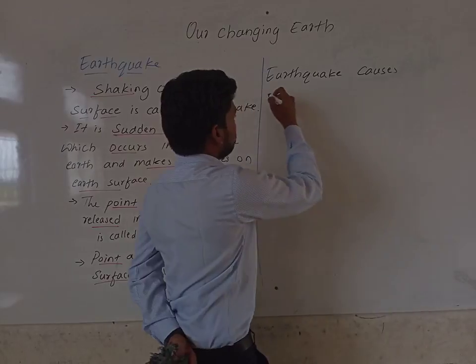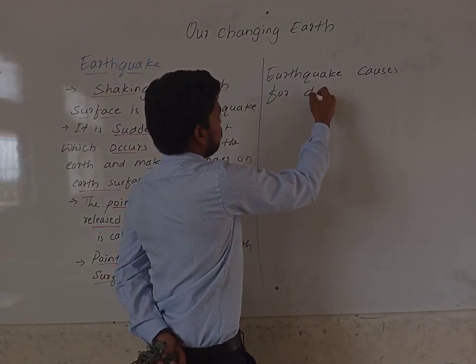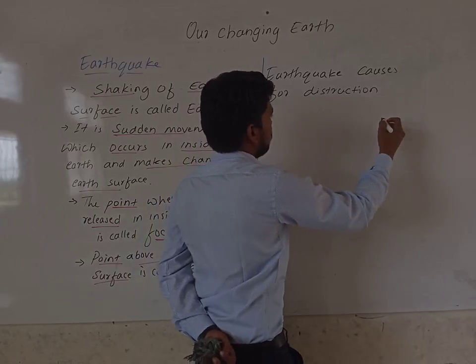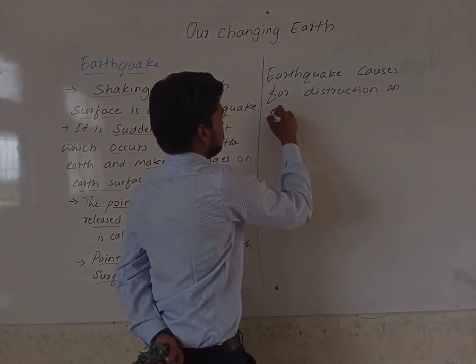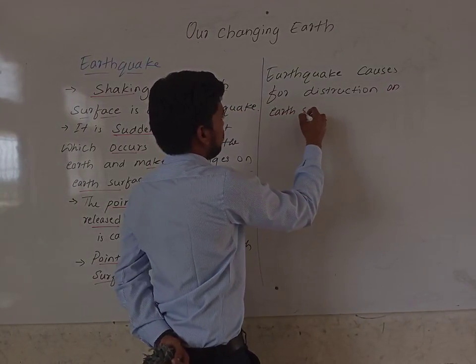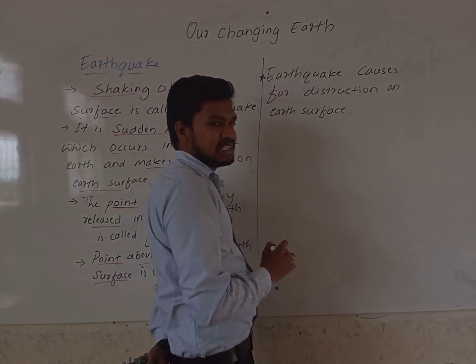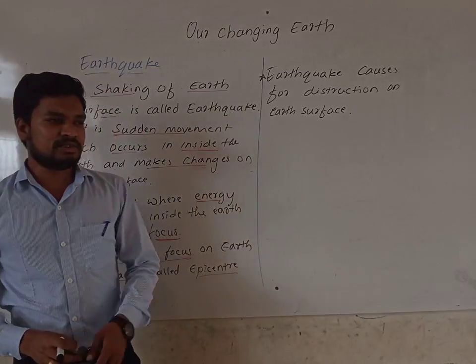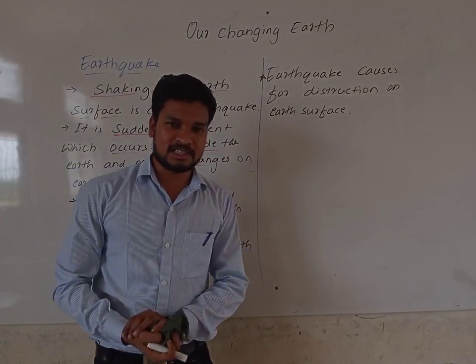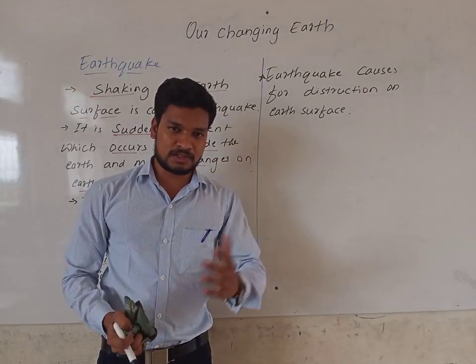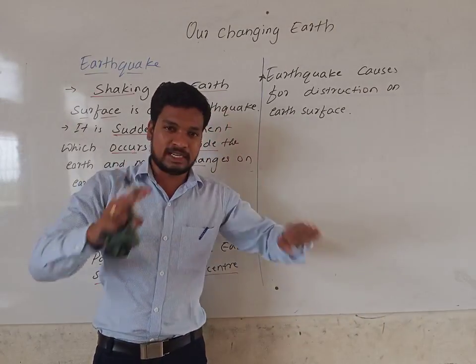An earthquake causes destruction on the earth surface. Destruction means it collapses the things on the earth surface. But a volcano forms mountains.